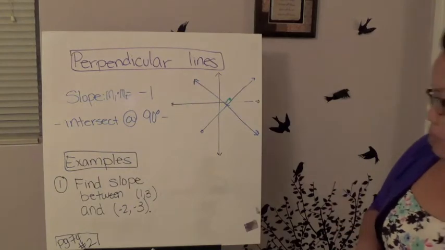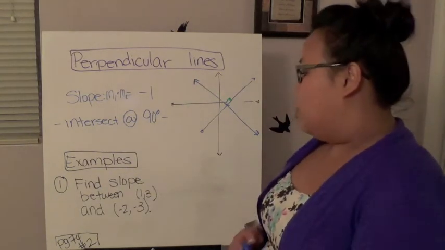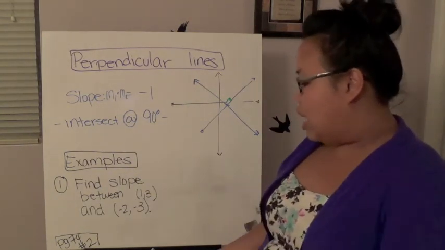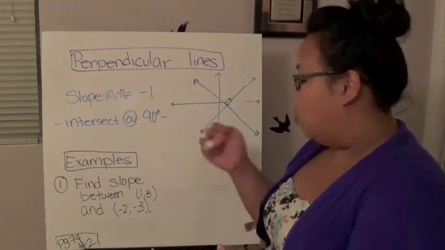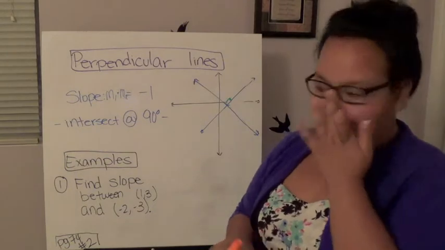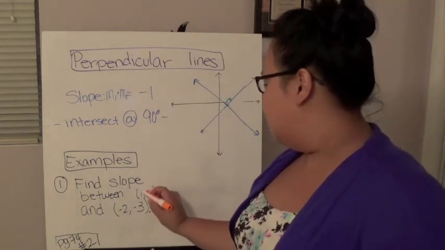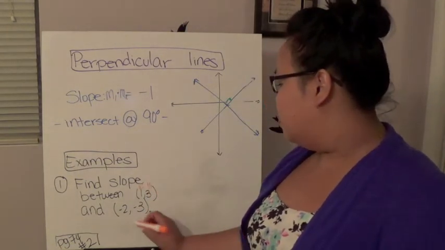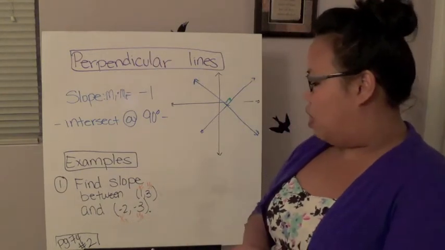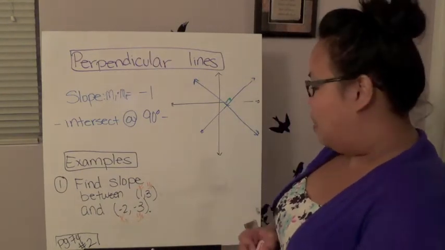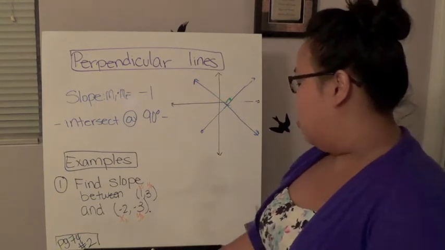So let's do an example. It wants me to find the slope between 1 and 3, and -2 and -3. So basically, just like when we dealt with the distance formula, I'm going to have x1, y1, x2, y2. Alright? When that happens, I'm just going to plug it into my equation of a slope.